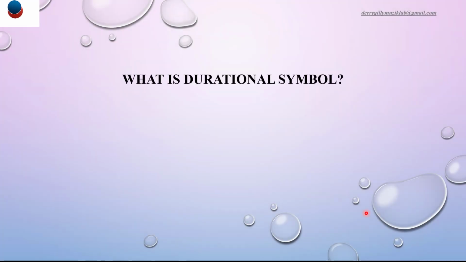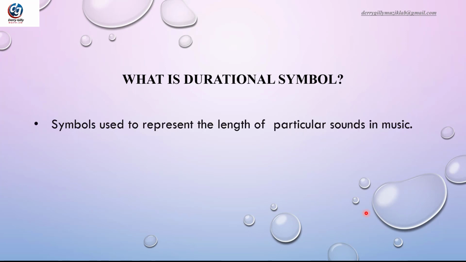Now, when we talk of durational symbols, what does it mean? Durational symbols are symbols that represent time and action in musical space. So we can also say that they delineate and mark varying values of sound and silence in composition.